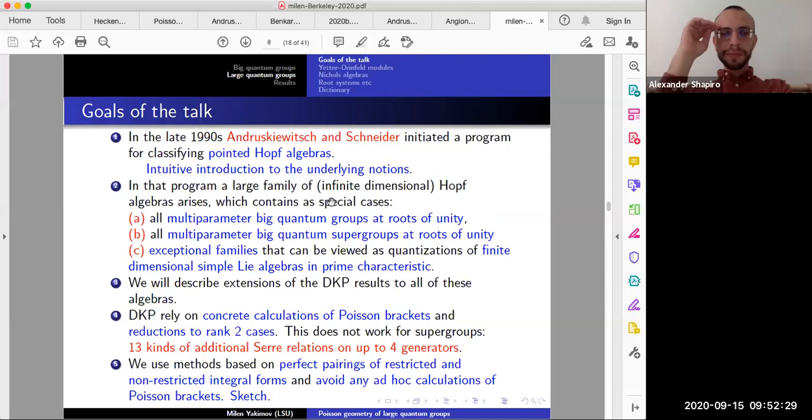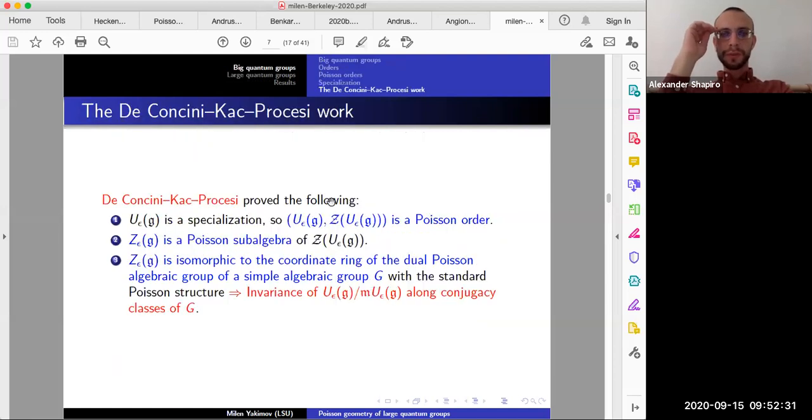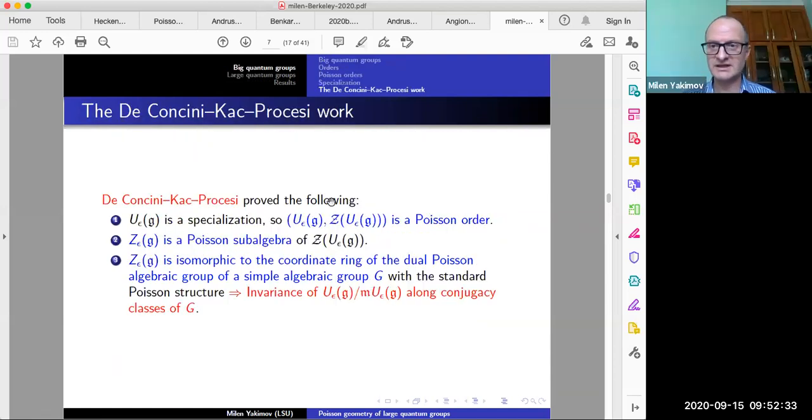Sorry, may I ask a philosophical question about what was on the previous slide? Absolutely. You were explaining that the representation theory of these quantum groups at roots of unity is very much dependent on the Poisson structure of the center. But of course, the same is true about the representation theory of quantum groups with generic q, which is also very much dependent on the Poisson structure of the dual Poisson-Lie group G dual.